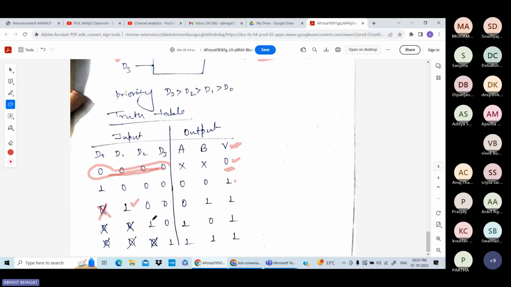Next is for D2 is 1. When D2 is 1, the D0 and D1 priority is less than D2. So when D2 is 1, your output is 1, 0, and whatever D0 and D1 are, either 1 or 0, it is not significant because D2 is high priority compared to these two.